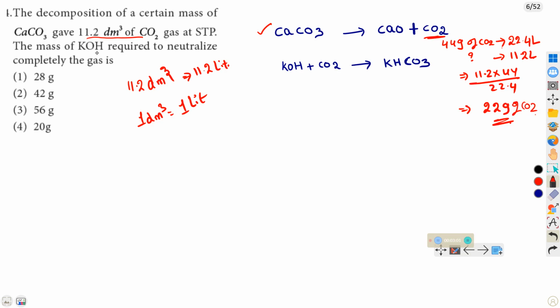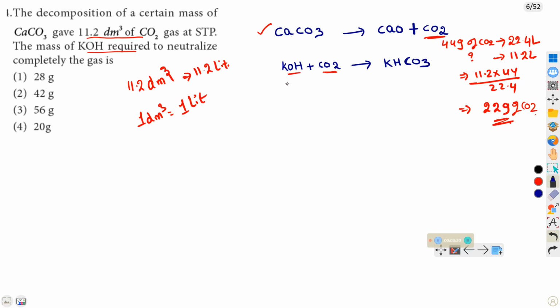The mass of KOH required to neutralize completely the gas is, suppose CO2 gas reacts with KOH, then neutralization reaction takes place. Why? CO2 gas is acidic, KOH is a base, acid base reaction takes place, salt is formed.